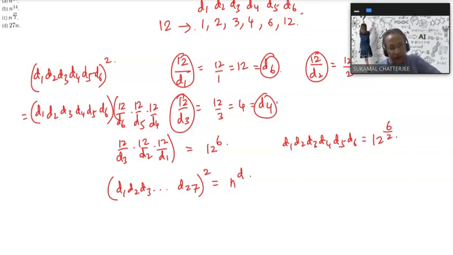Where d is the number of factors, which is n to the power 27. So therefore the product of di will be equal to n to the power 27 by 2, which is option C.